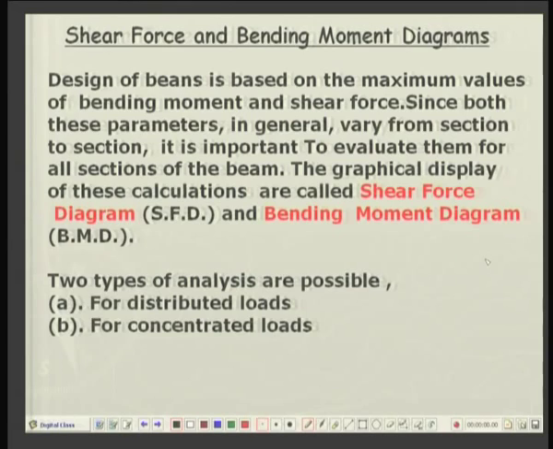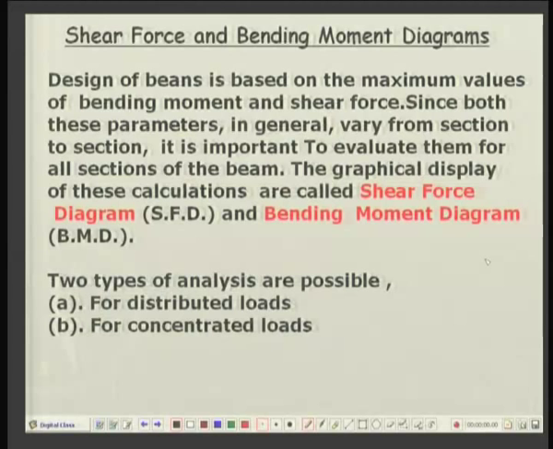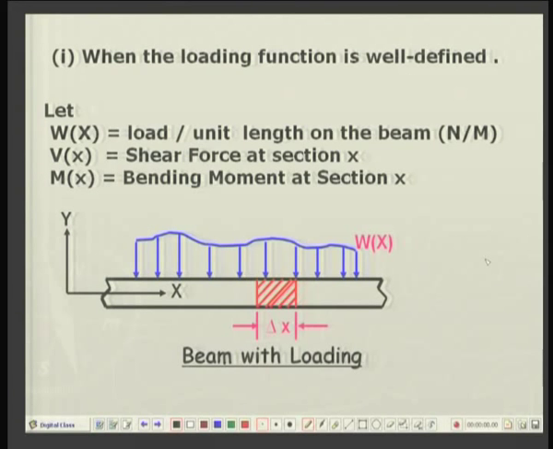Now, for this we will study the equilibrium of an arbitrary beam loaded by transverse load. There are two types of analysis which are useful. One is for distributed loads, the other is for concentrated loads. Let us start with the case when the load is distributed along the length of the beam.